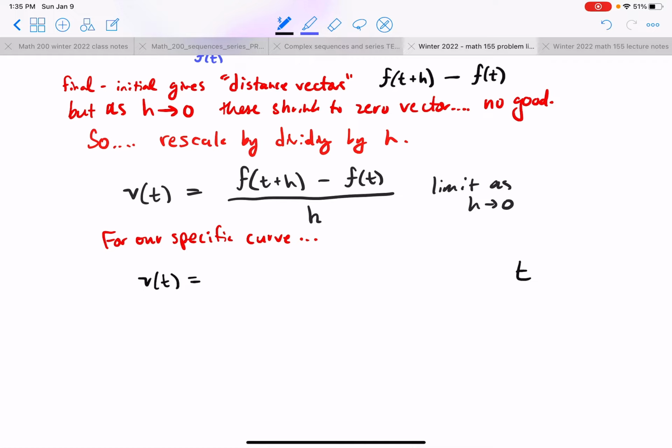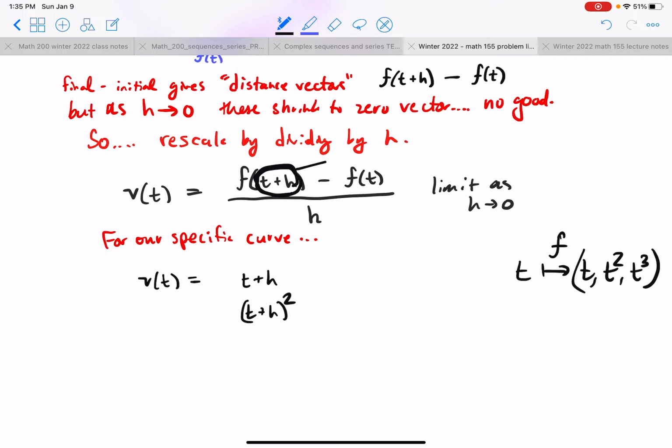Well, I'll just write it again. Remember, t goes to t, t squared, t to the third. That was the formula for f. Okay, so what's t plus h? Well, it's t plus h, and then it's t plus h squared. You need to take whatever you see here and you plug it in to those three spots.